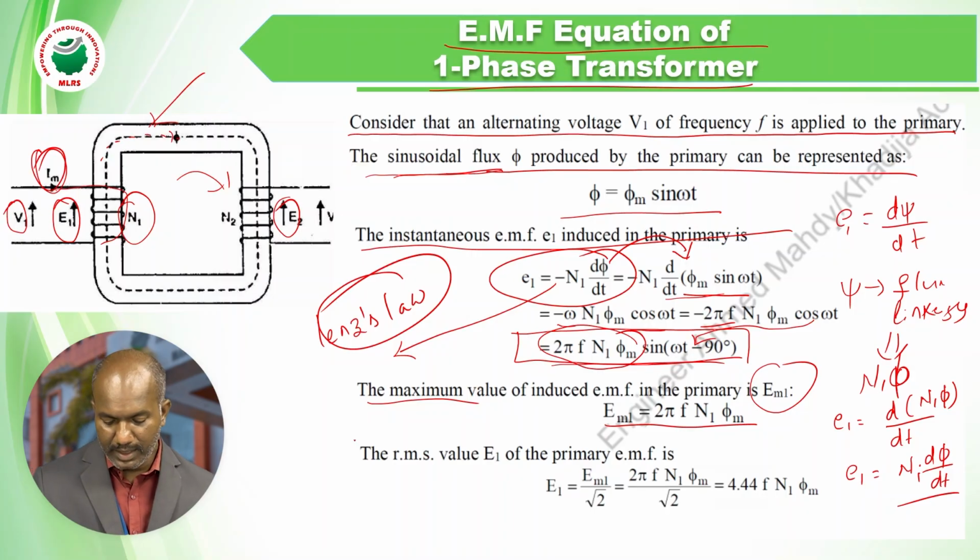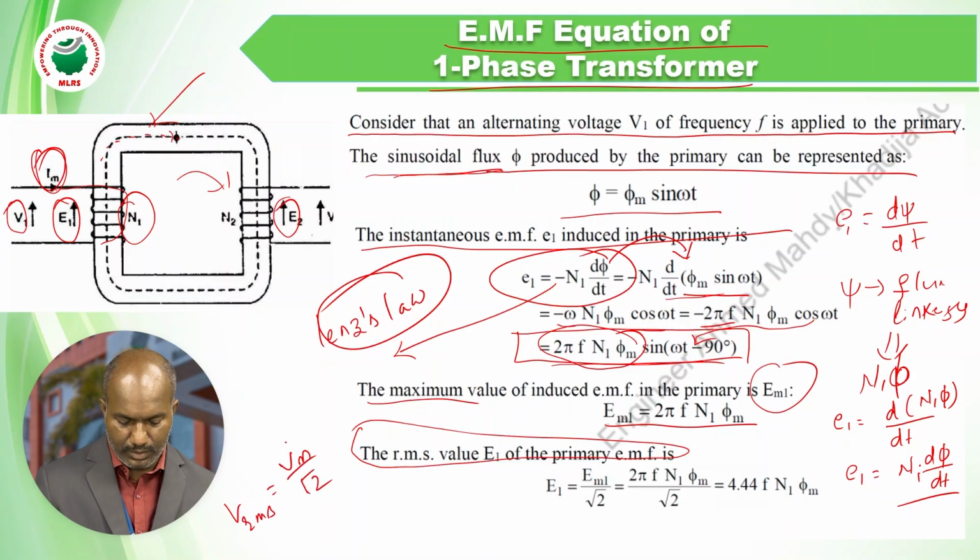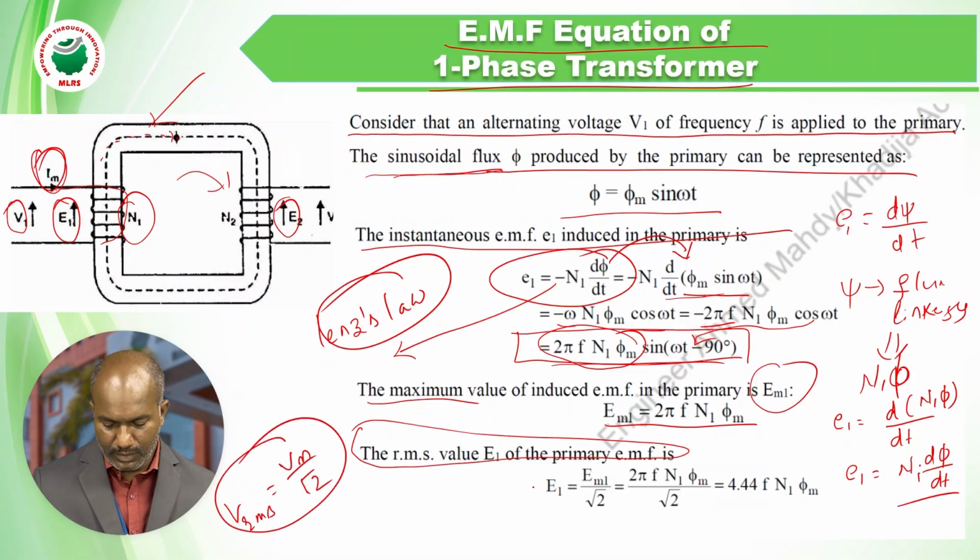But we know the relation between the RMS value and the maximum value. E RMS is equal to Em by root 2. We know this relation. V RMS is equal to Vm by root 2. So if you do that, the induced EMF E1 is given by Em1 by root 2.